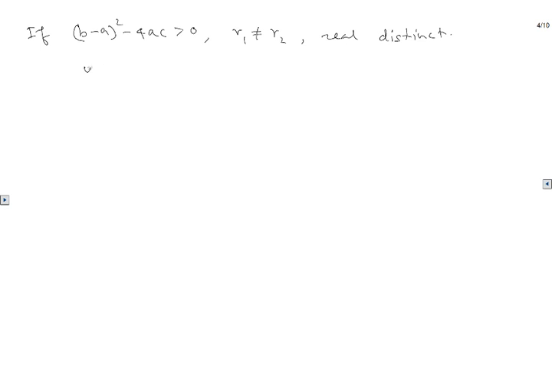The solution is simply y equals c1 e to the r1 t, where the variable is t now, plus c2 e to the r2 t.